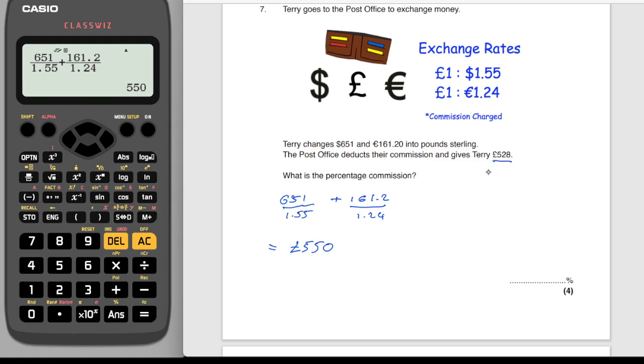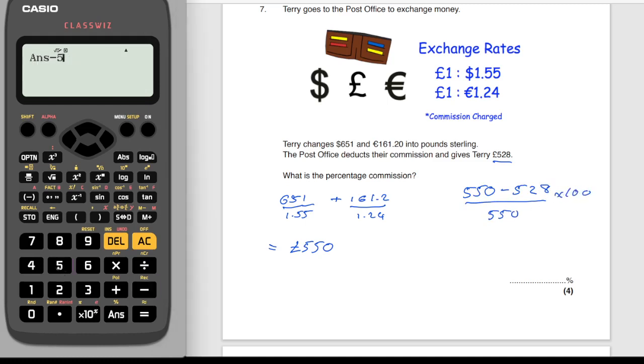If he only got £528, then the percentage of their commission we can work out by saying we do the amount that they kept as commission divided by the original amount, which is 550, and I'd need to times that by 100. So that answer minus 528, and I've probably messed this up.